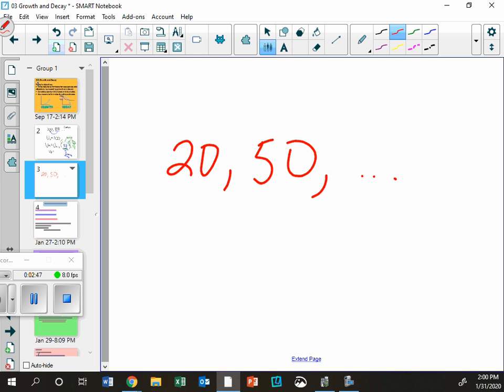If I just added 30, then it would have been arithmetic. Today, all of ours are going to be geometric. So I can trust that that was not an add 30. Instead, how would I get the common ratio, the thing I multiplied by? What did I do again? Yes, 50 divided by 20 is the common ratio.